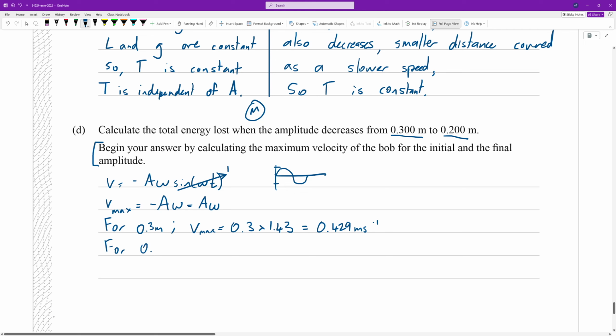And for the smaller amplitude, the maximum velocity is the amplitude times the angular frequency. And what's that? 0.286, according to the mark scheme, meters per second.